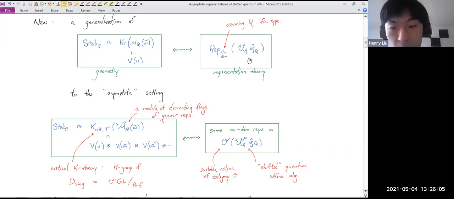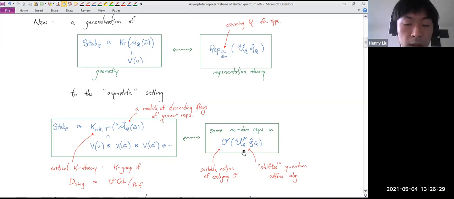These shifts will be indicated by this superscript mu up here. I will write down a more precise definition later. But the point is that we will get certain special representations of these shifted quantum affine algebras.